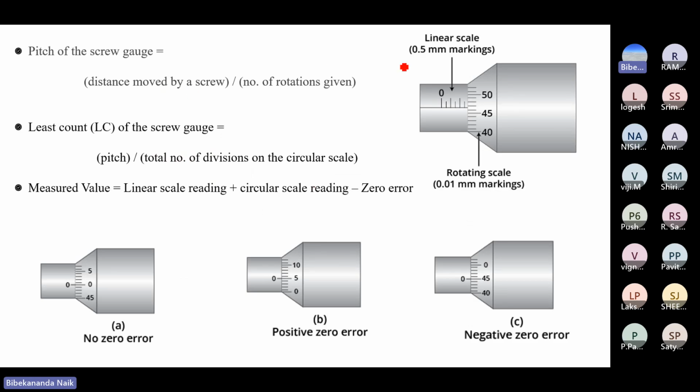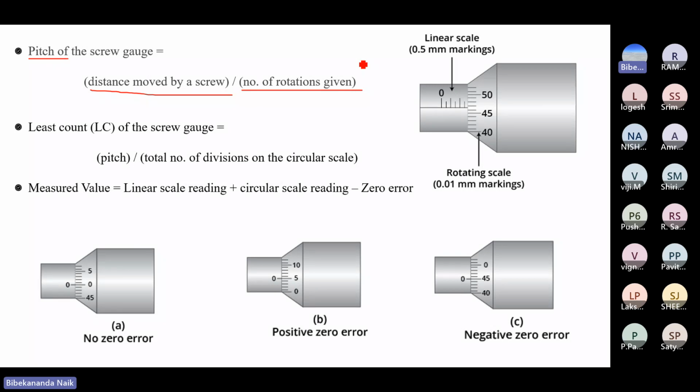Now, since it is a circular scale, there is a quantity known as the pitch of the screw gauge. The pitch is the distance moved by the screw per number of rotations, that is, the distance the circular scale moves along the main scale after one rotation.